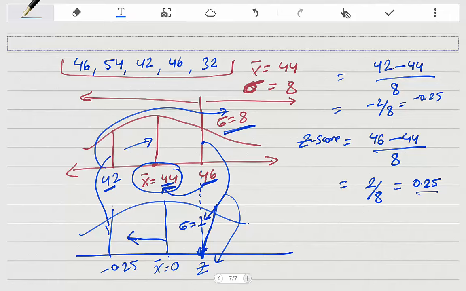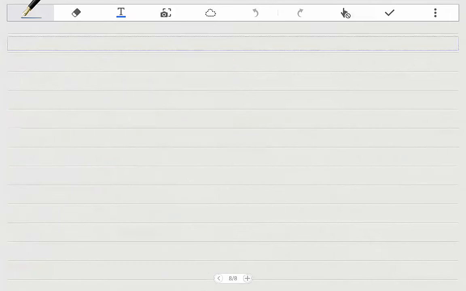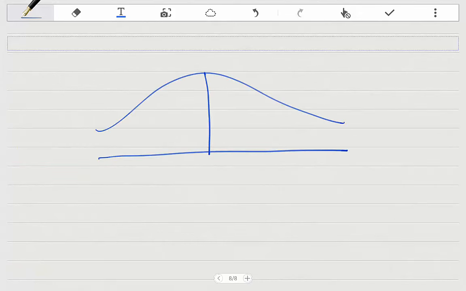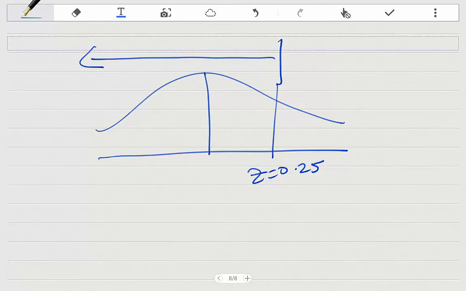Now, a small addition, the way the Z table is described. Suppose now you found the Z value, you found your Z value equals 0.25. The Z table is described this way: cumulative to the left. I mean, you could have defined it any way, but somebody decided to define it in terms of cumulative to the left.